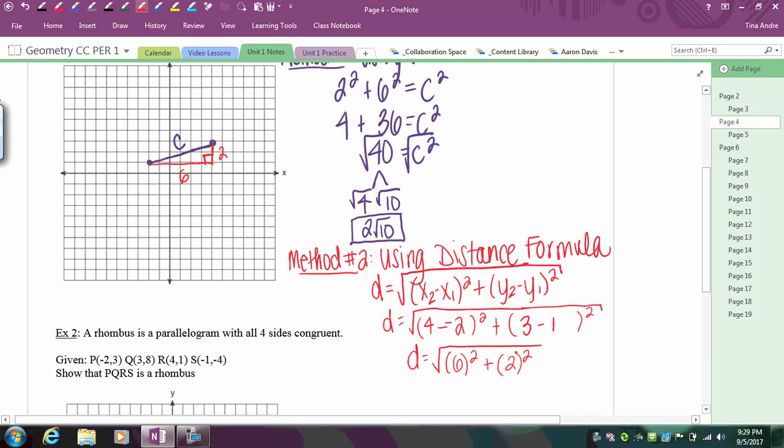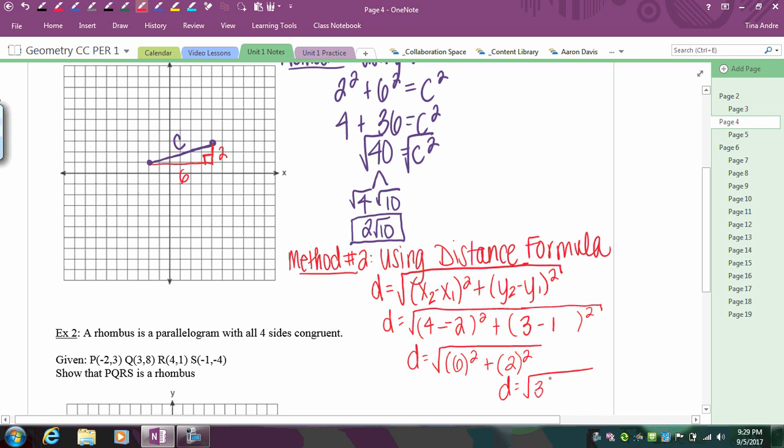So this is just the algebraic way of finding the legs of that right triangle if you were to use the Pythagorean theorem. And it's because what happens when you don't have a graph or you get numbers that you can't graph, then that's when we use the formula. So from here, you should see that you get the same thing, 6 squared plus 2 squared.